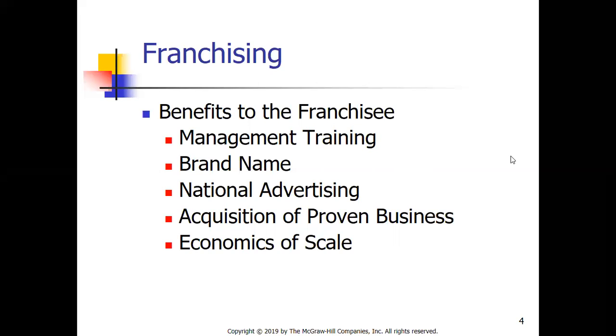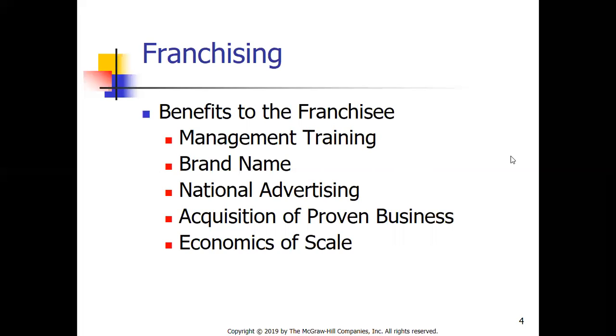It is a proven business, so you have all the guidelines, all the SOPs, and the procedures that could facilitate your business and make it easier for you to manage.